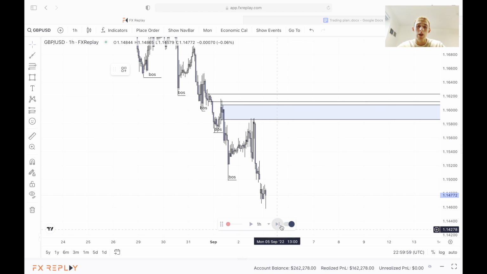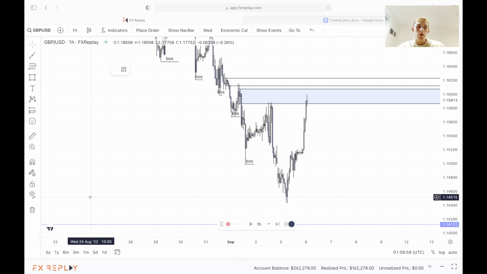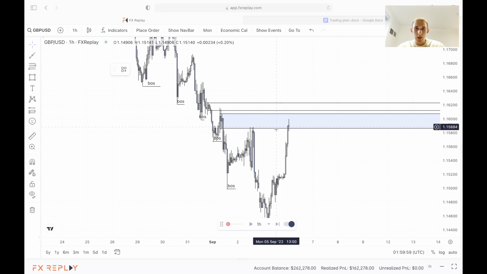There we go. So you wouldn't expect price to completely reverse from here, because as I mentioned, we have that weekly low just below, and we haven't had any sort of daily breaks of structure or areas of significant demand to the left. So this would be like an optimum level where I would look for the sells. So let's see what happens in this zone.